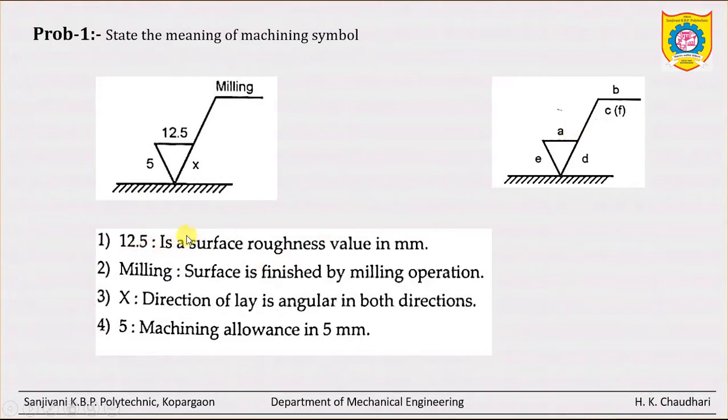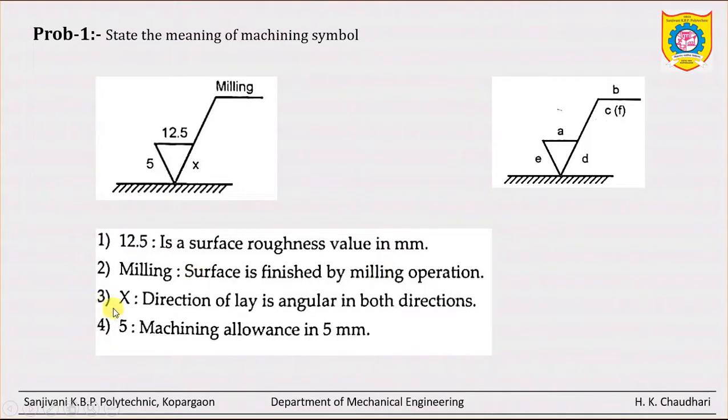It is a surface roughness value in micron. Then for B you can write B equal to milling, that is, the surface is finished or obtained by milling operation.